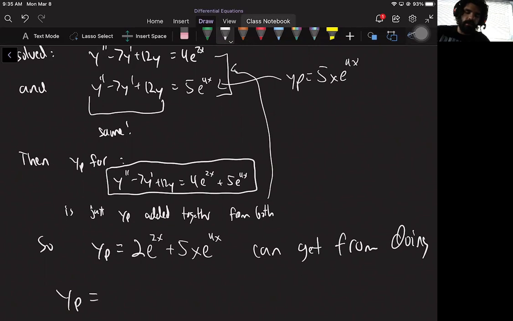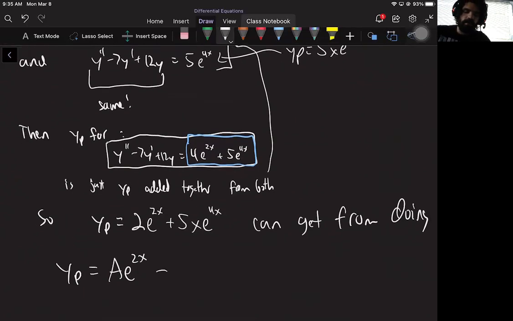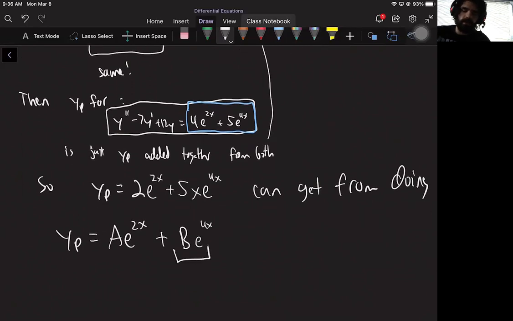So you can get it from doing something like, okay, well, I should guess, because my right side has 4e to the 2x, I should guess a e to the 2x. And because my right side also has an e to the 4x, I should guess something e to the 4x. But then because this one matches the complementary solution, I multiply it by x.